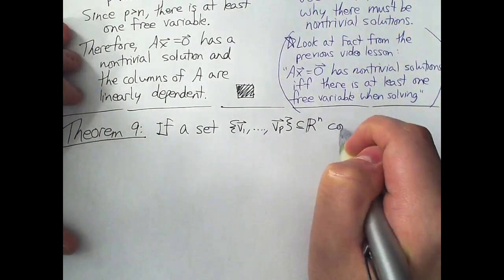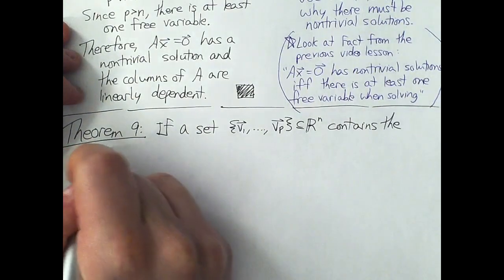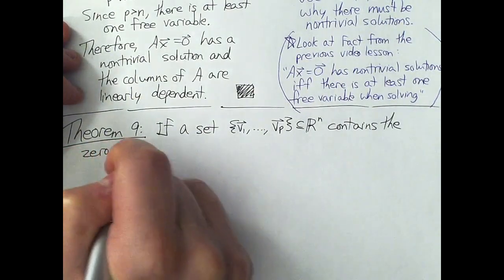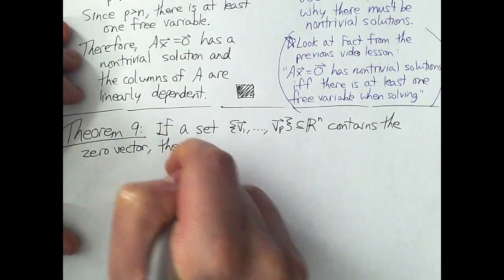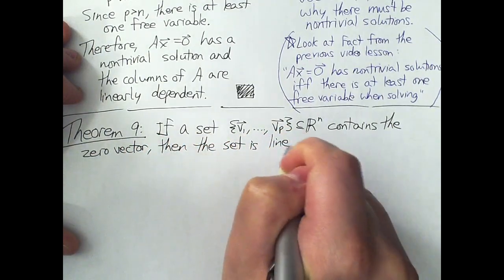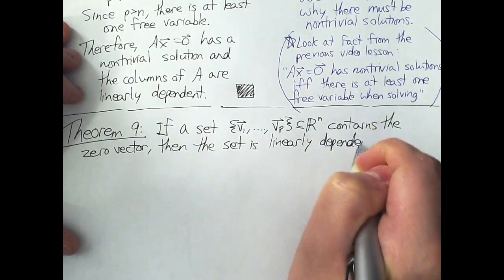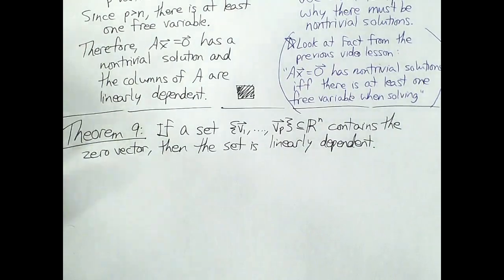If a set contains the 0 vector, then the set is linearly dependent. Ooh, that's a nice quick shortcut. If I gave you a set and you saw that one of the vectors was the 0 vector, you automatically know that that set is linearly dependent without having to solve a system.